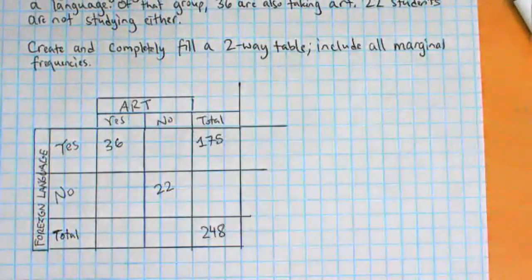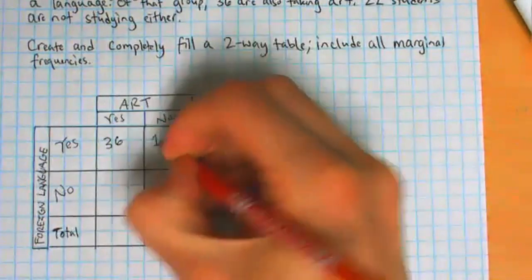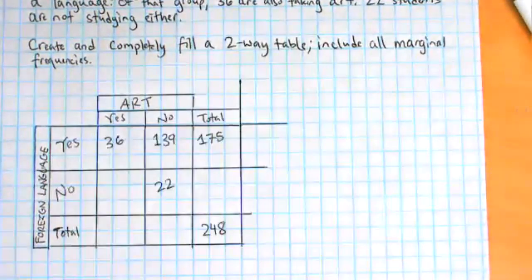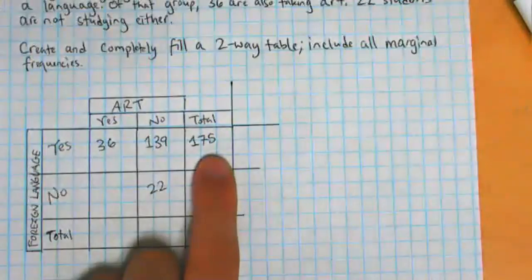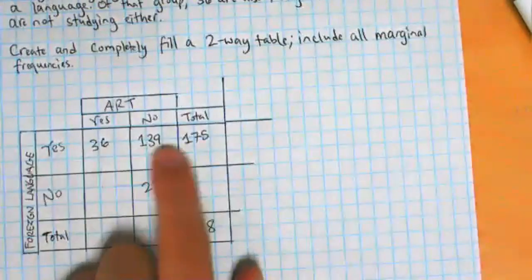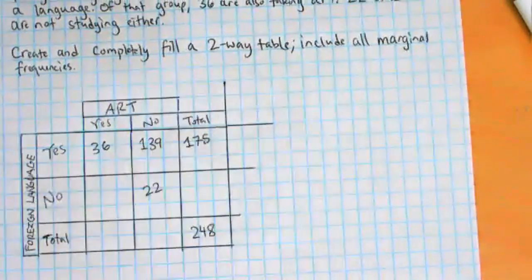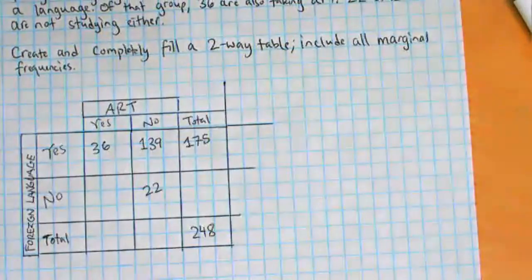So 175 minus 36 gives us 139. So we can say that 139 students are taking a foreign language and are not taking art. This is simply the process of elimination. You're taking the foreign language, you're either taking art or you aren't. And since we have a total of 175 taking the foreign language, these two must add up to 175, so this must be 139.